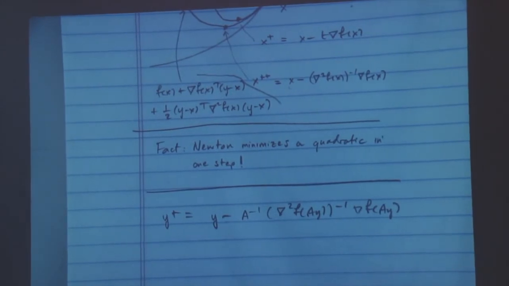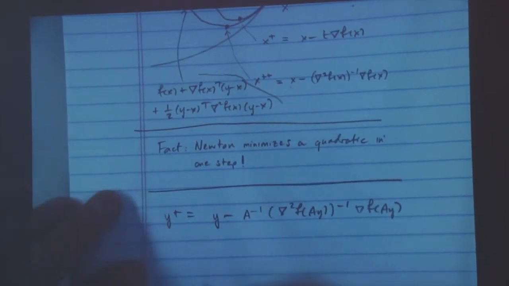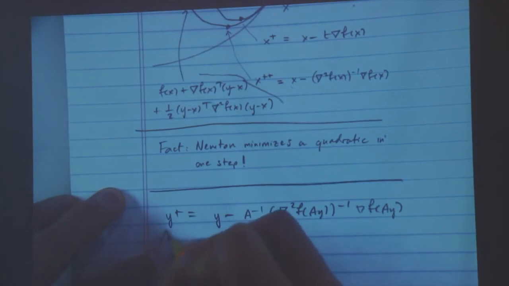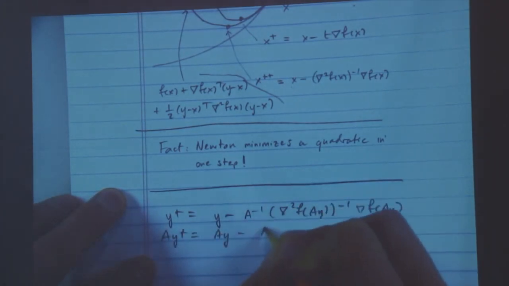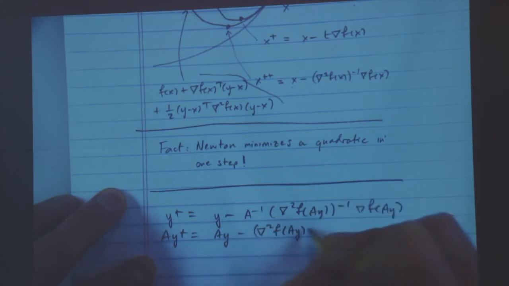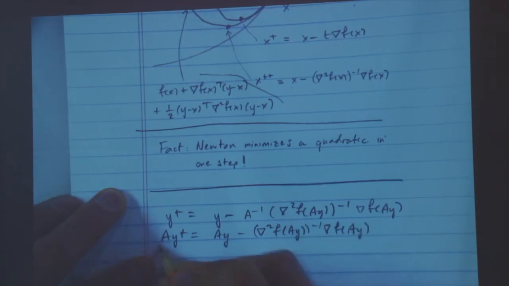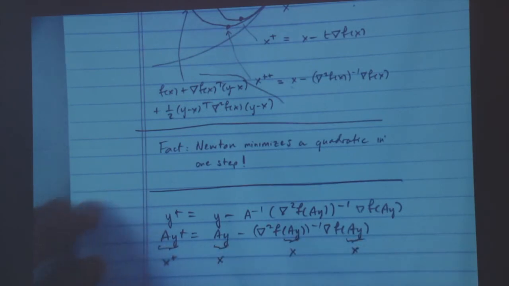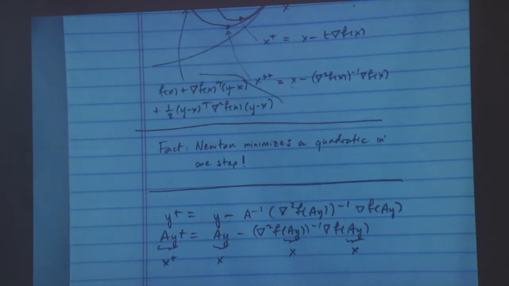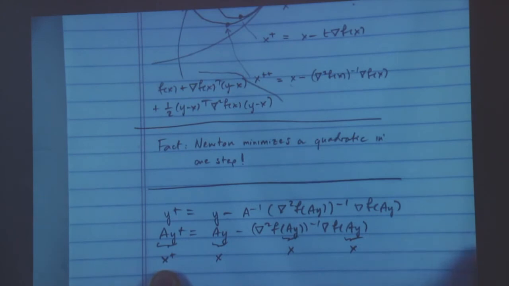And in terms of x, if we were to multiply through by A, we'll see that our update on Ay looks like this. And if we just recall the relationship between y and x, then we can see that actually this is just the Newton step that we would have taken with respect to x.